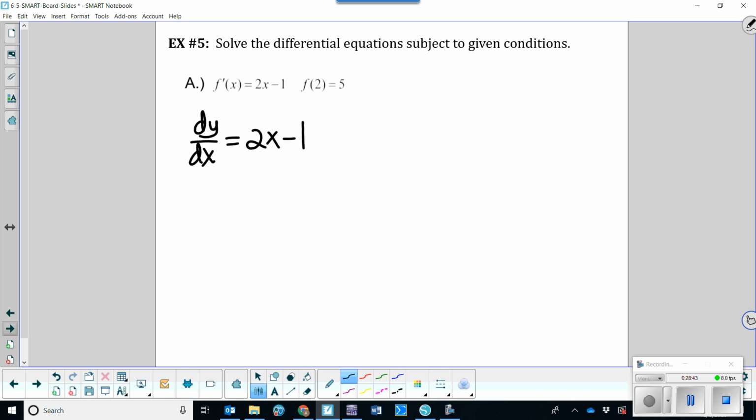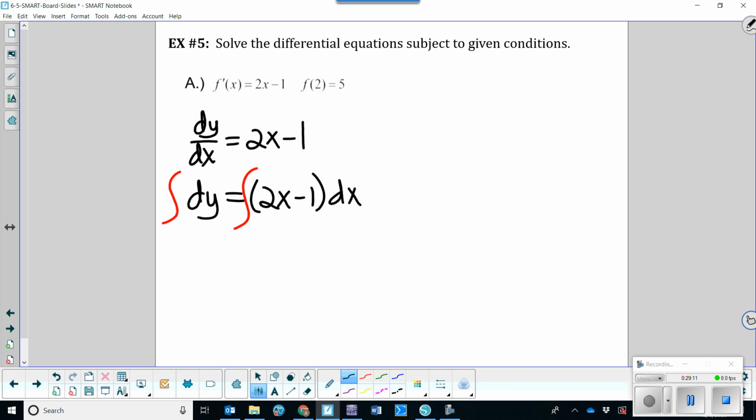So what we're going to do is leave the dy on the left, and on the right we're going to move the dx. So we're basically going to multiply by dx. Then I want to solve this, so I'm going to do the same thing to both sides, which is very normal, and I'm going to integrate because I need to get rid of the derivative. So to get rid of it, I need to go up and I need to integrate it.